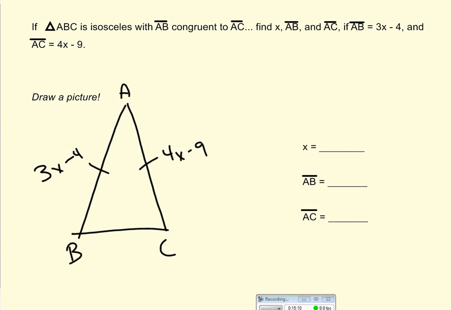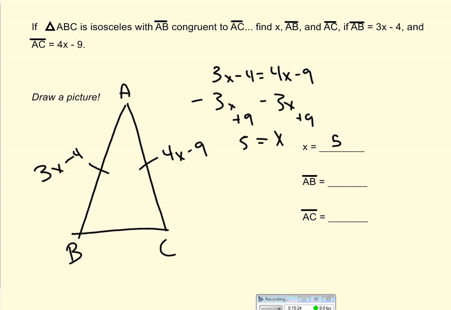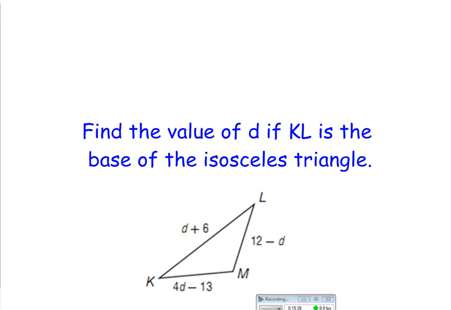So figure out x, then the two side lengths. 3x minus 4 equals 4x minus 9. Subtract 3x, add 9, x equals 5. If x equals 5, AB is going to be 3 times 5 minus 4, and AC is going to be 4 times 5 minus 9. Both cases should give me 11 because they should be congruent to each other.